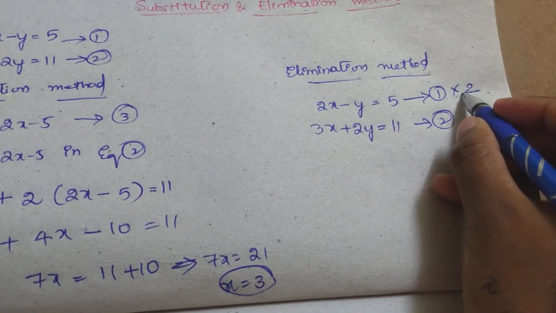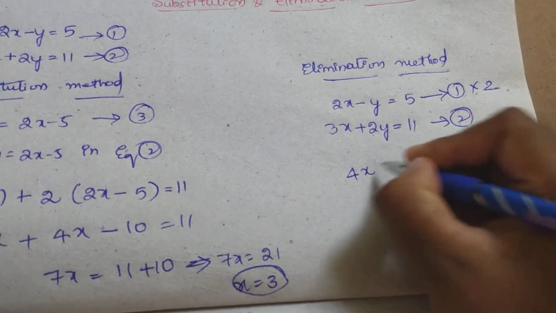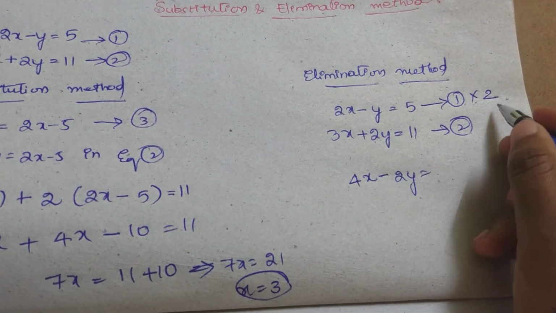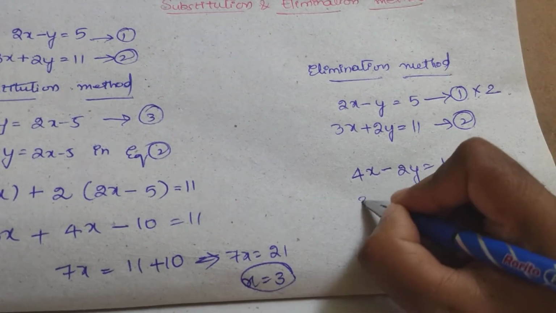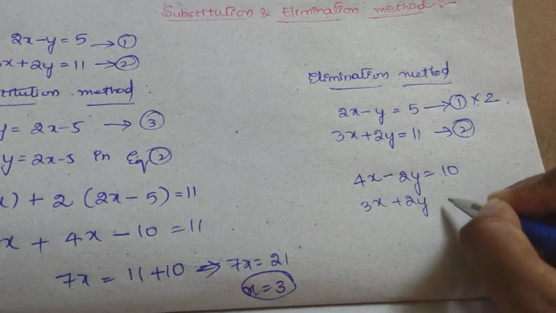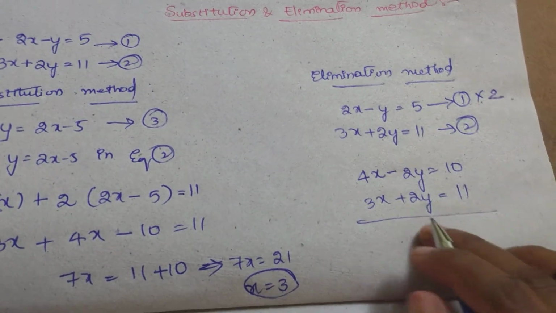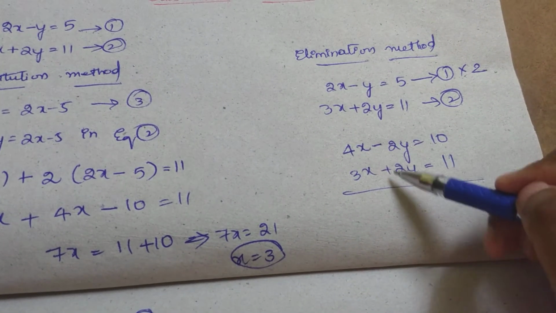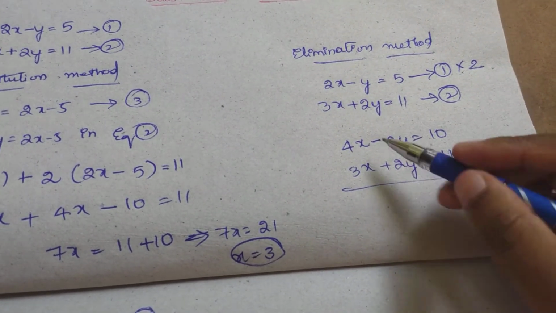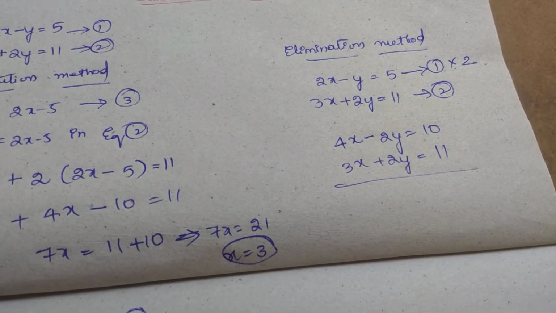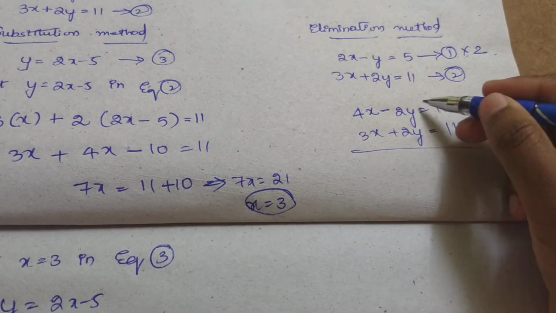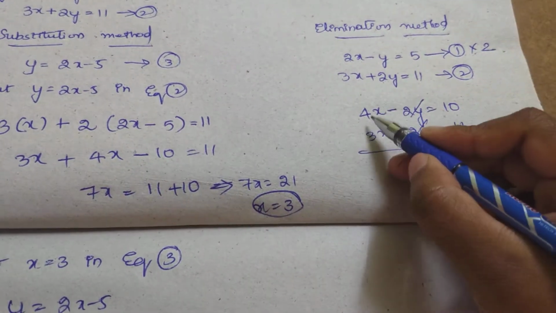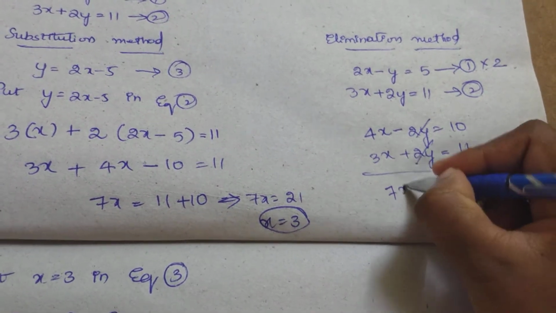So equation 1 into 2 gives 4x minus 2y equals 5 into 2, which is 10. And 3x plus 2y equals 11. If it were plus plus, in order to remove the term you would have to subtract, but here when you perform addition, 2y will be cancelled off, and 4x plus 3x becomes 7x.